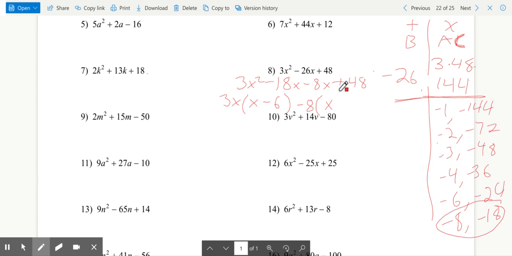And then 48 divided by negative 8 is negative 6. Don't forget those negatives. And now notice that once again, these two parentheses match, which means we can factor out that parenthesis. So I have x minus 6, 3x minus 8. And that would be my answer for number 8.